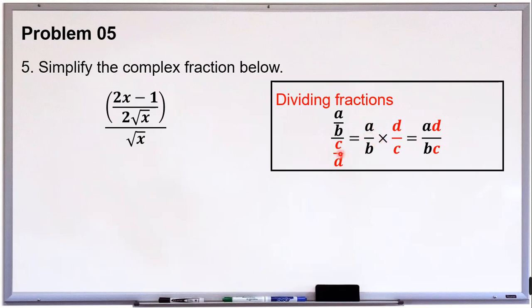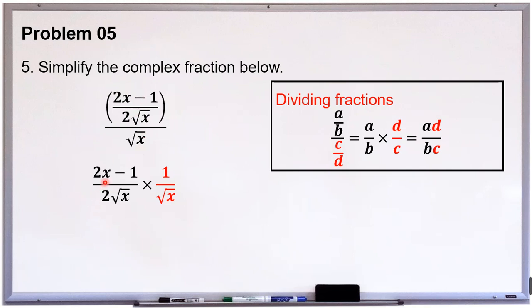So you have A over B times the reciprocal of C over D, that is D over C, and then proceed to multiplication by simply multiplying the numerators and multiplying the denominators. So we're going to use this rule in our given expression.